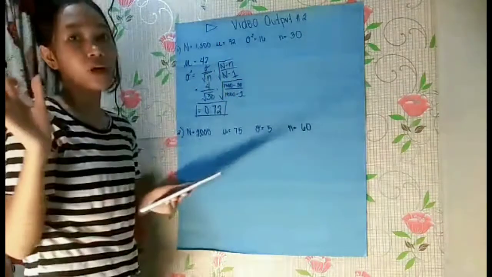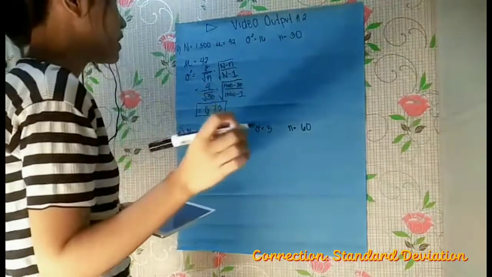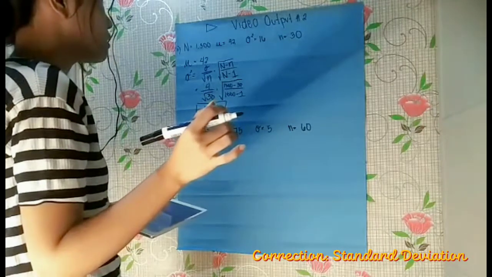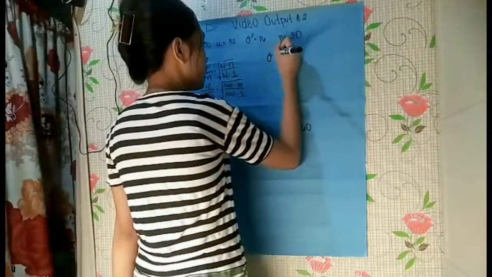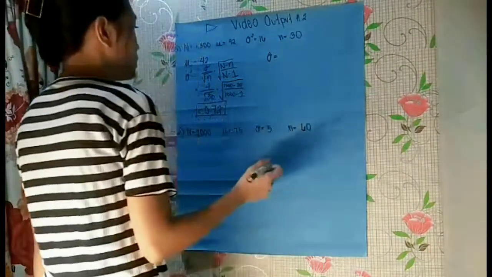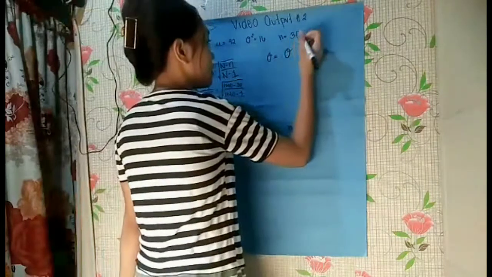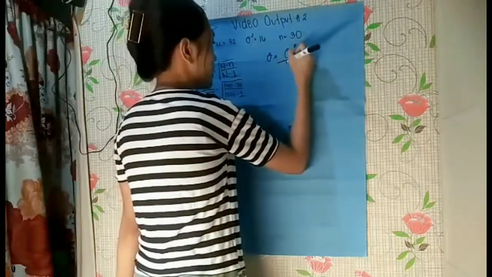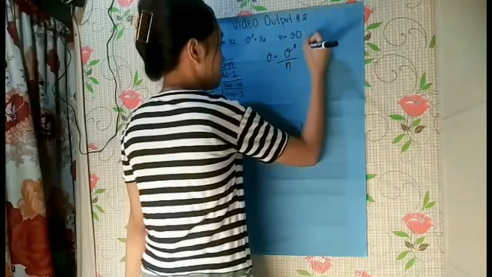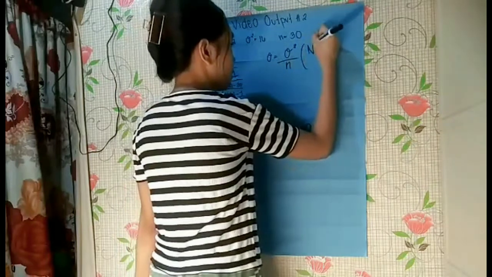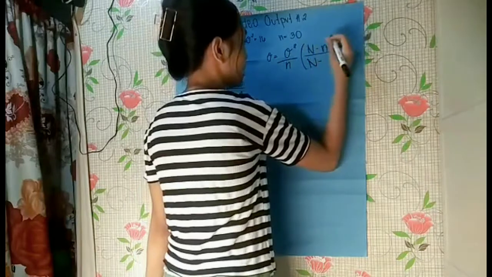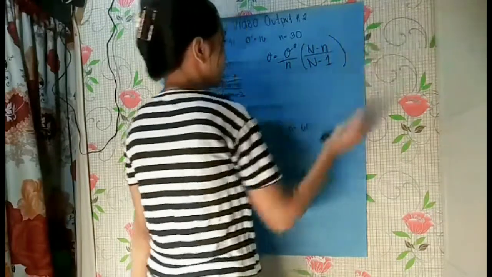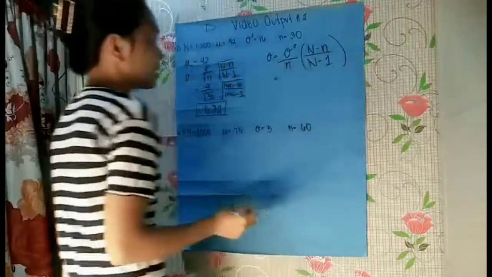The next thing we are going to find is the standard error. The formula is the variance over the sample size multiplied by the population minus the sample size over the population minus 1, the constant number. So again, let us rewrite this one.